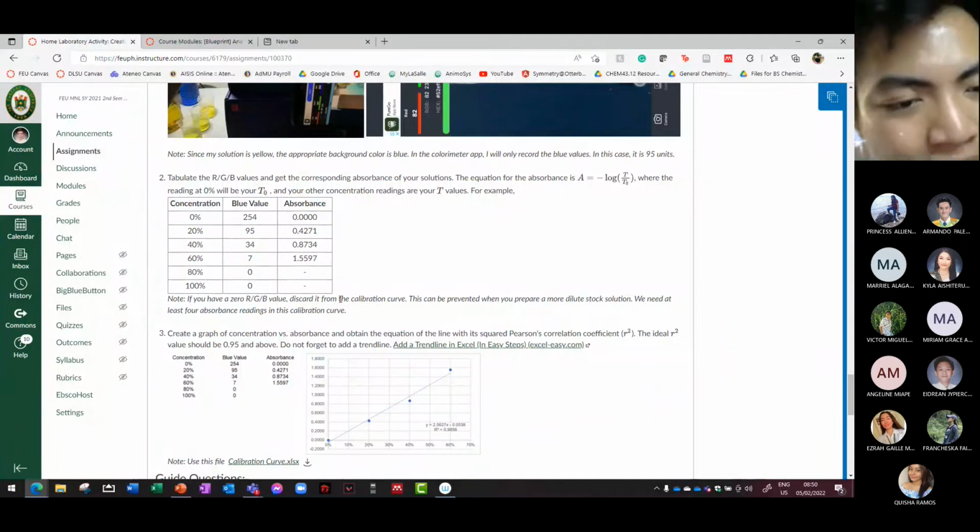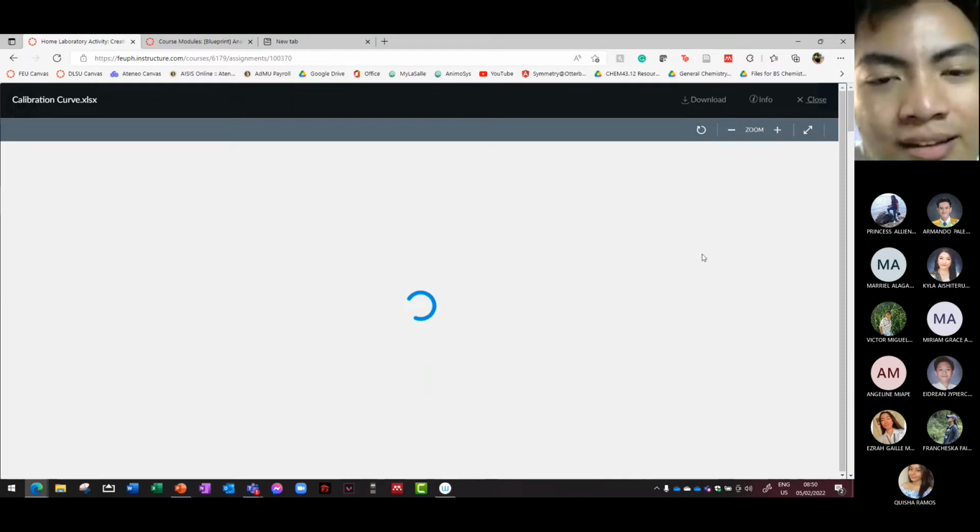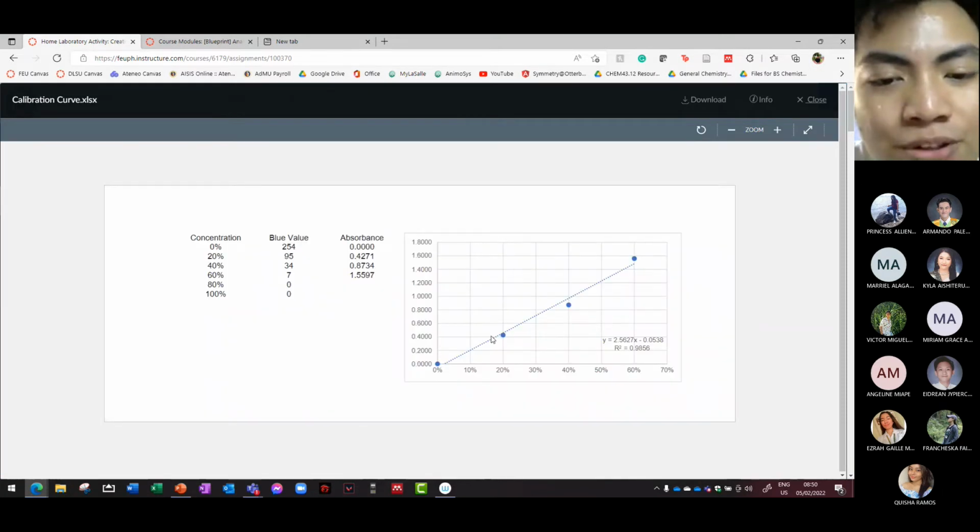You can graph it and you will see that it is linear. The absorption is directly related to the concentration: the higher the concentration, the higher the absorbed light. Mas marami siyang na-absorb na light.